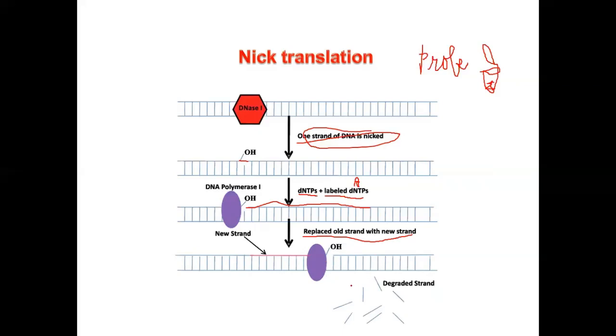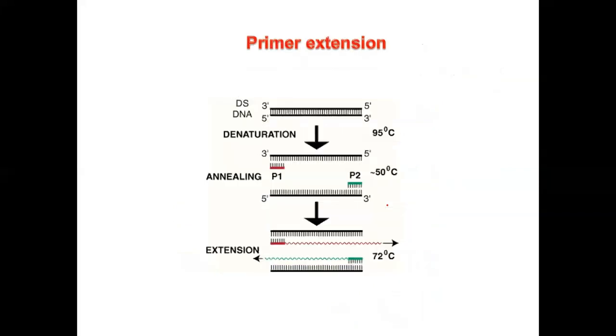While it is moving, since it has exonuclease activity also, it degrades the strand whatever it is extending. So you can see that some nucleotides are removed while it is adding the new strand. So the final product that you get will have the new strand with the P32 labeled dNTPs added into it. This is one method by which the probes can be labeled.